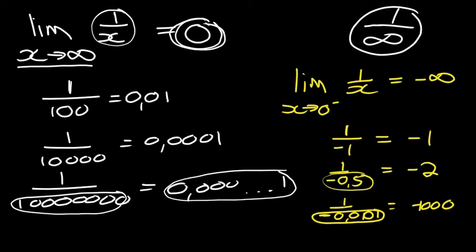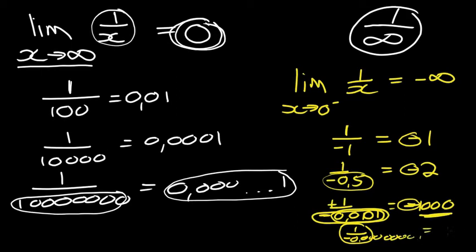Okay, the point is, the smaller this number becomes, but it's still negative. So you say 1 divided by negative, the plus divided by negative will always be a negative. That's why this number will be a negative. But the closer it goes to 0, the larger this number will become. And that's why if you say 1 divided by, now a very small number, 1 divided by negative 0,000000001, let's say, then it will be a very large number.